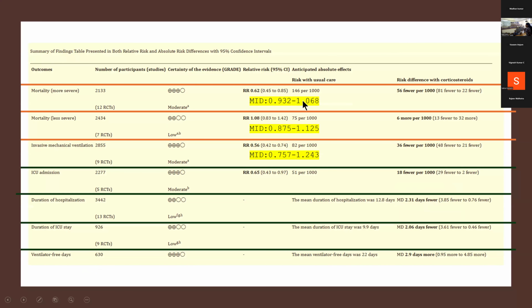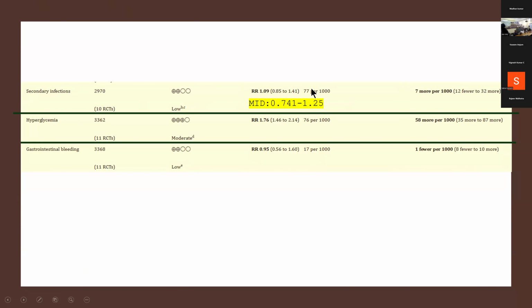But your mortality was 14.6, it didn't go to minus. See, if you look at this mortality, the baseline risk here is 14.6, 7.5, 8.2. Even if you look at the infection rate, it's 7.7. You can have a minus on that. But how can you have a minus on 17 per 1,000?